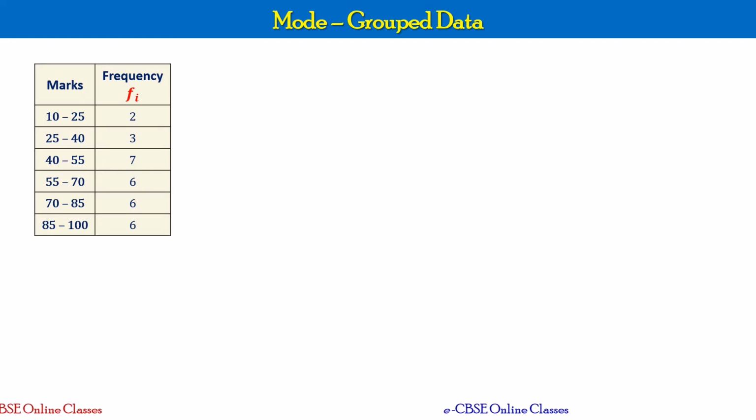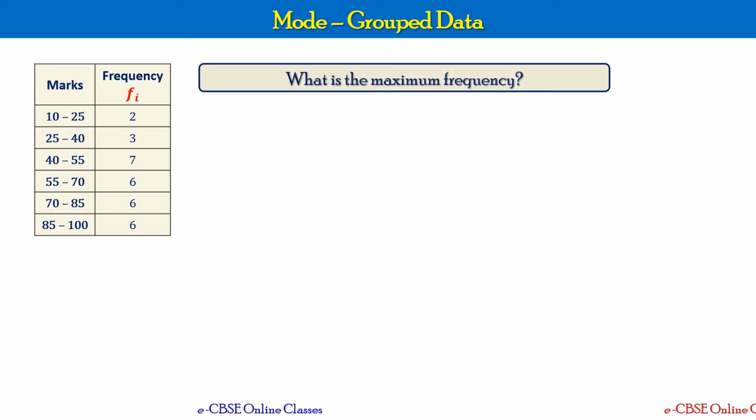Now the first question we need to ask when we want to know the mode of given data is, what is the maximum or highest frequency? And how do you do that? When you look at column number 2 here and look at the maximum number in that second column, that is our maximum frequency. Here the number is 7.